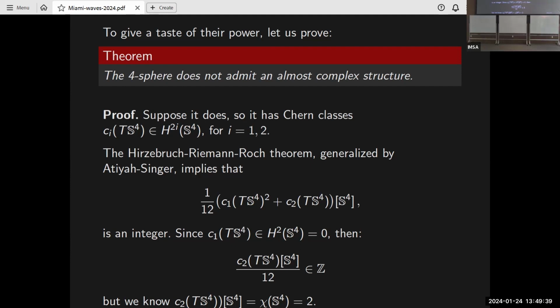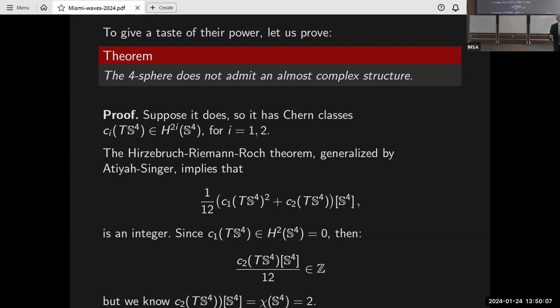This one is in H2. H2 is pure dimension. So what you're saying is that this number is a multiple of 12. But this number is the Euler characteristic, which is 2. So if we suppose an almost complex structure, we find that 2 is a multiple of 12. Not possible. Okay?